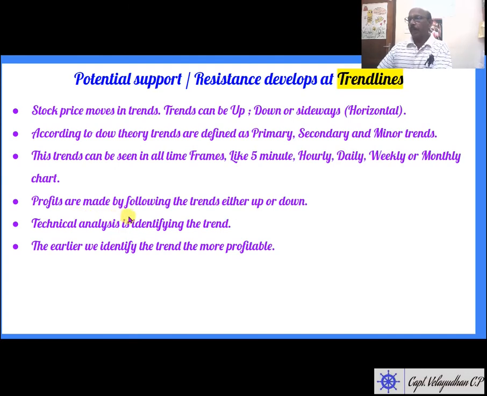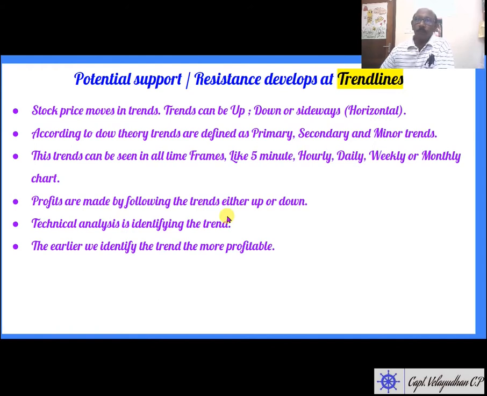Profits are made by following the trends, either up or down. There is a saying in the market. Normally people say trend is your friend. When there is a trend, if you are joining the trend, that's the right time to make money.